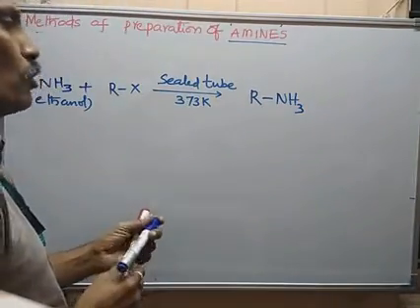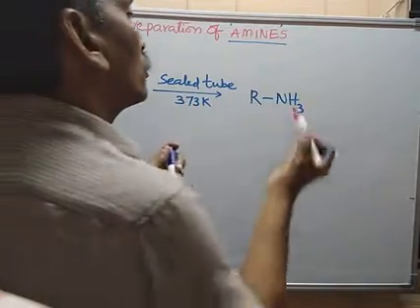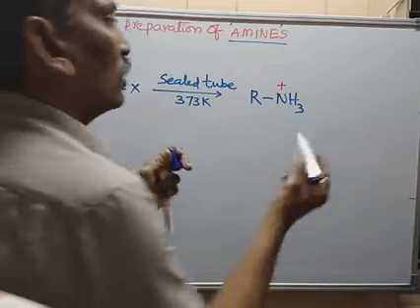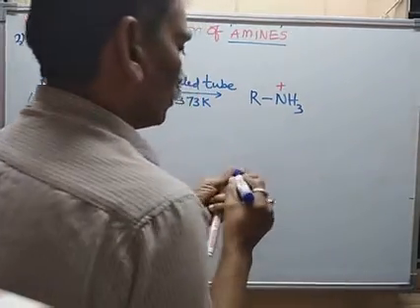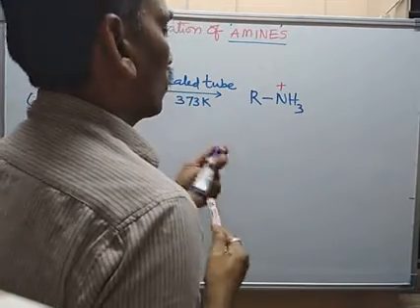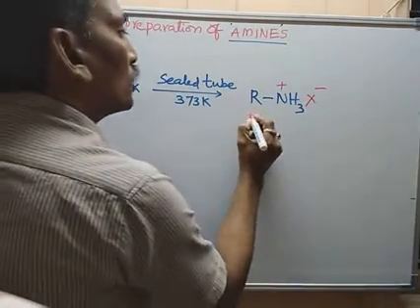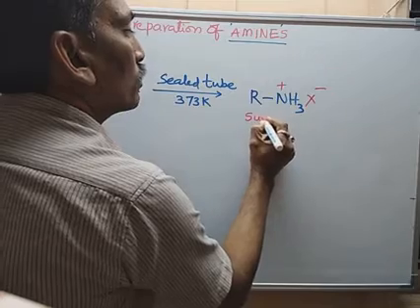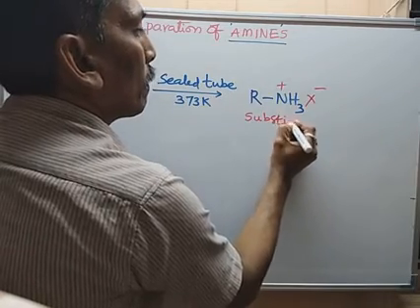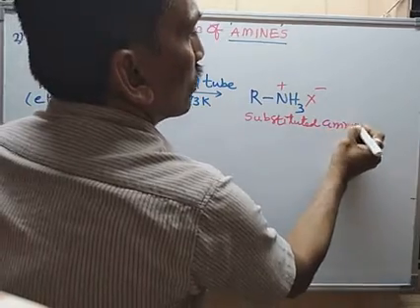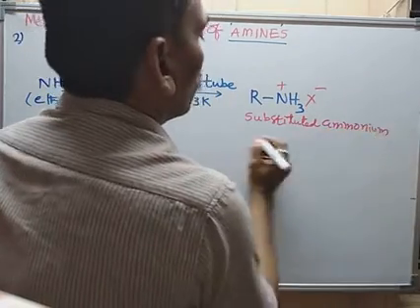Due to this, 4 bonds around nitrogen acquire a positive charge, which is counterbalanced by the halide ion X minus. Yes, this is a substituted ammonium salt.